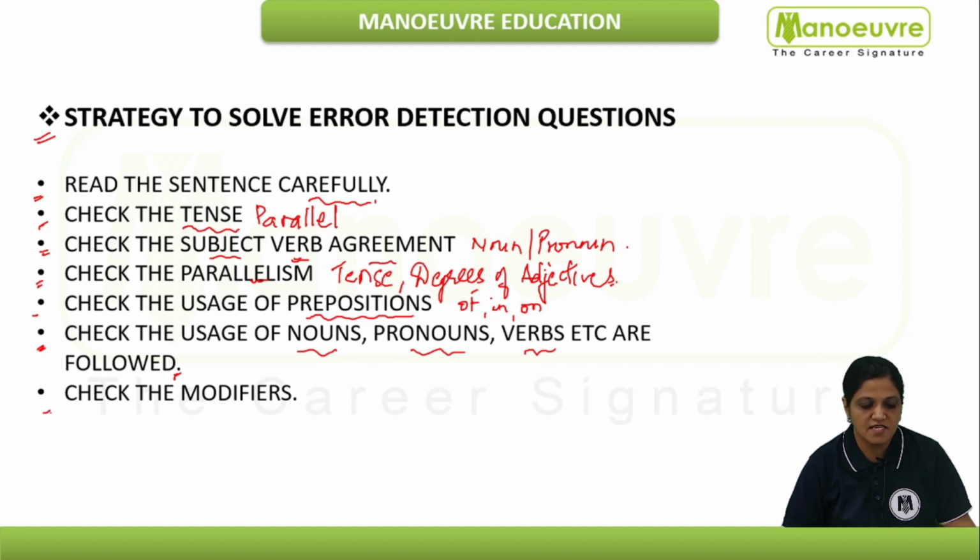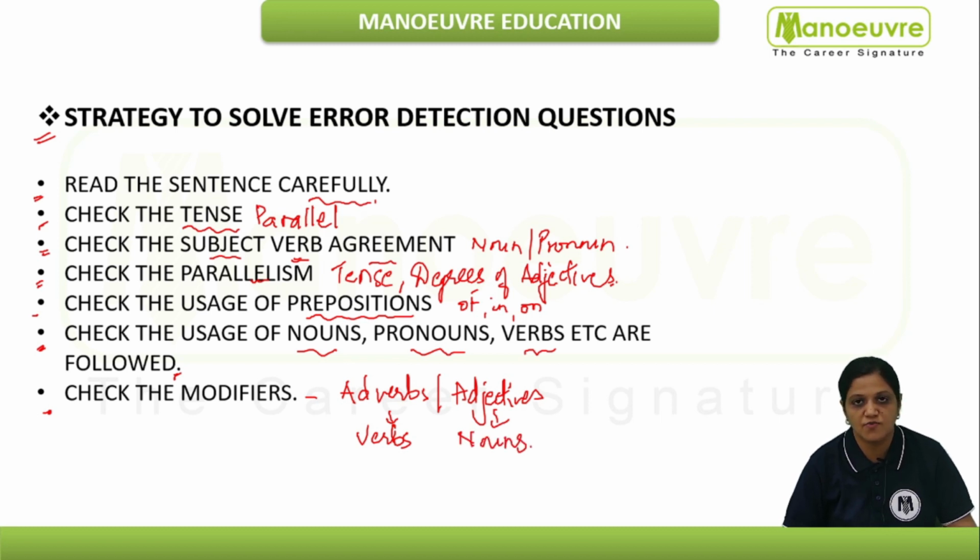And the last thing is check the modifiers. When we say modifiers, it is the adverbs as well as adjectives. Adverbs modify verbs, they give additional meaning to the verb, whereas adjectives modify nouns.